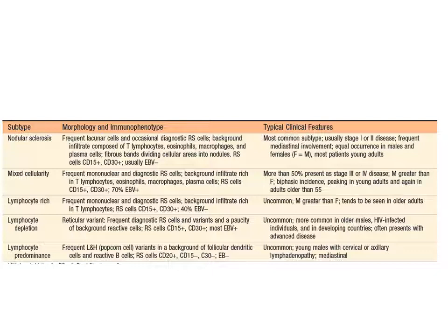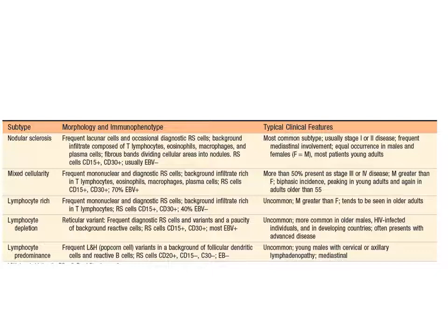Then the fourth type is lymphocyte depletion. We have a reticular variant where we have frequent diagnostic Reed-Sternberg cells and variants of RS cells and a paucity of background reactive cells. Then the reactive cells are fewer in number. RS cells are again positive for CD15 and CD30.